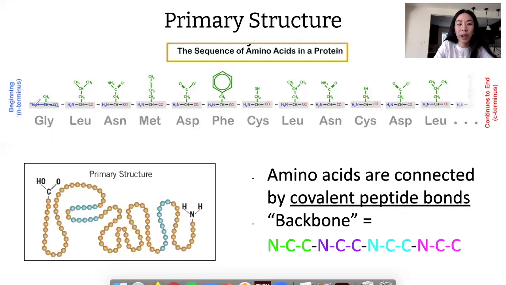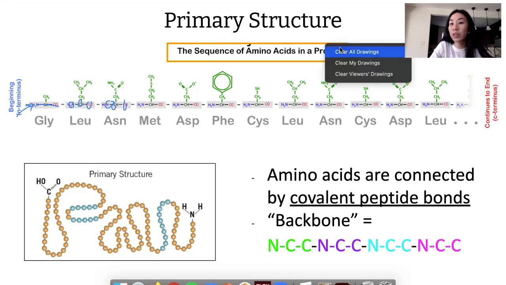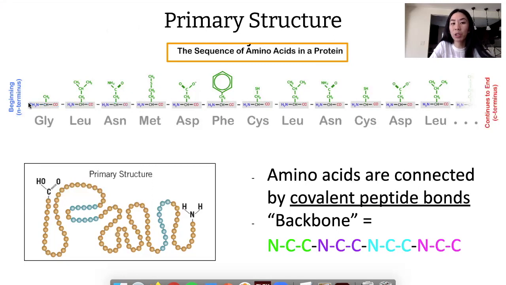Okay, so this gray section, if you notice, you have nitrogen, carbon, carbon. The next one is same order, nitrogen, carbon, carbon. Nitrogen, carbon, carbon. So each amino acid gets attached in that same order. So it's always going to be NCC. The next one comes in, NCC. So in the next few slides, if we talk about the backbone, we're talking about this gray section.